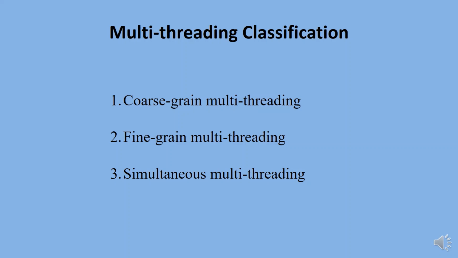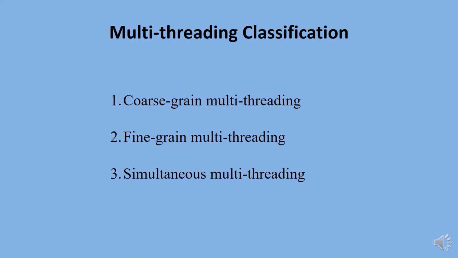First one, coarse-grain multithreading. It refers to switching between threads only on the occurrence of a major pipeline stall, which may be caused by, say, access to main memory with latencies of the order of 100 processor clock cycles. Second one, fine-grain multithreading.